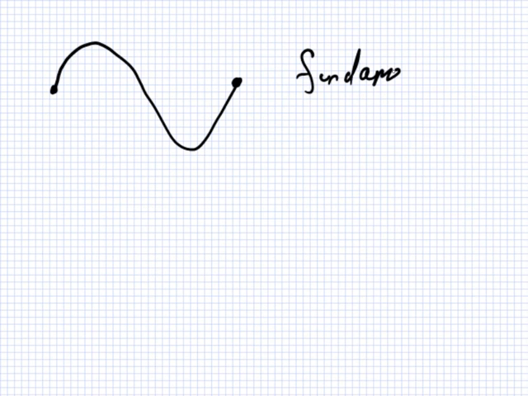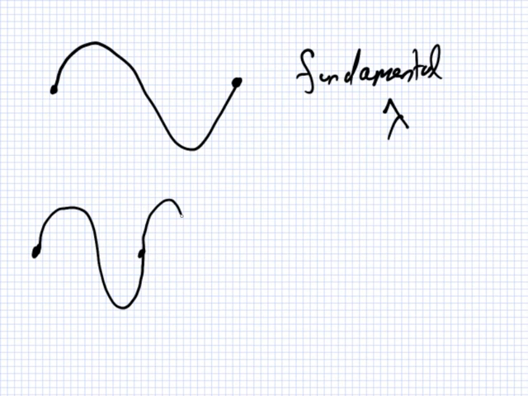So for example here, that's the fundamental, and then let's draw, this is wavelength lambda, and then here, this is wavelength lambda over 2. It's half of this wavelength.